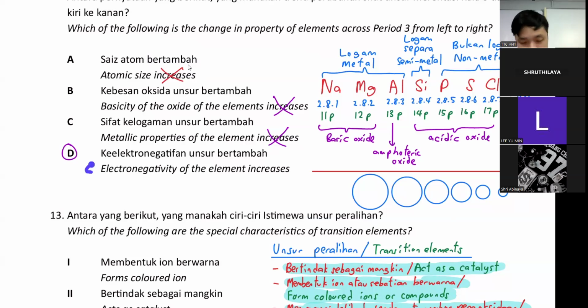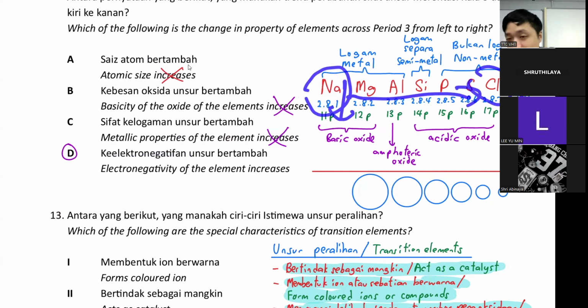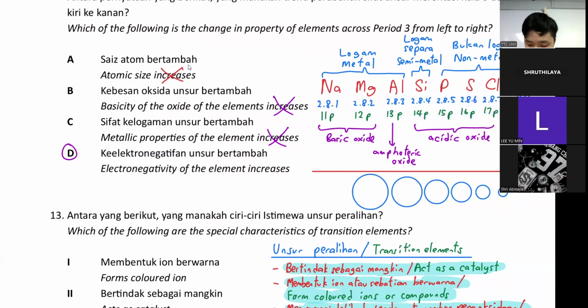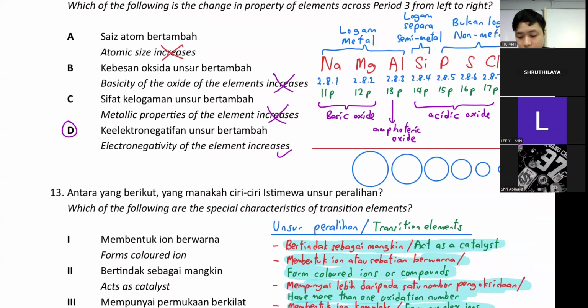C, the ability to attract electrons, how strong it is. So in this case, yes, sodium cannot attract electrons. Electronegativity very low. Until chlorine, electronegativity very high. So definitely increase. The answer is donkey. Chlorine easy to attract electrons. Means chlorine very easily pulls electrons in. Okay.